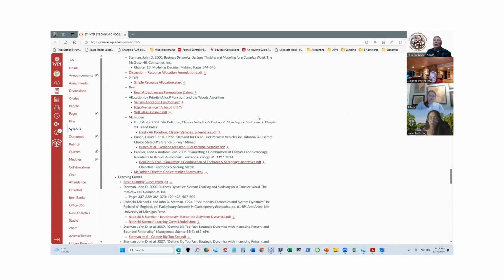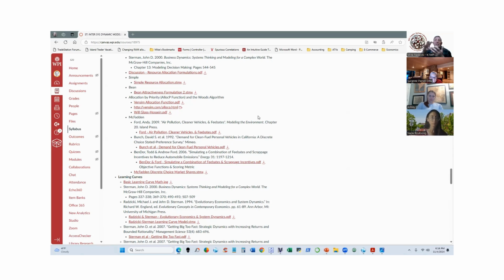McFadden was interested originally in transportation issues, like what highway do I pick to go to work in California, and what's the most attractive route to take. And so Sterman finally weighs in and says the Woods algorithm was originally used, I think, to allocate electricity among competing demands.